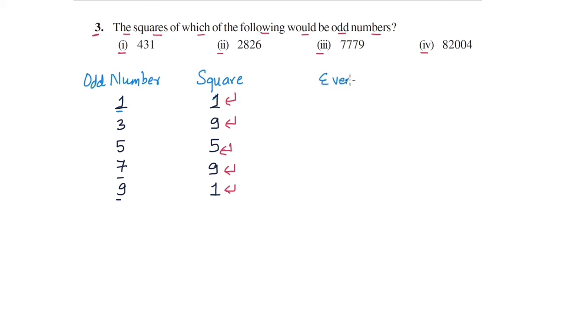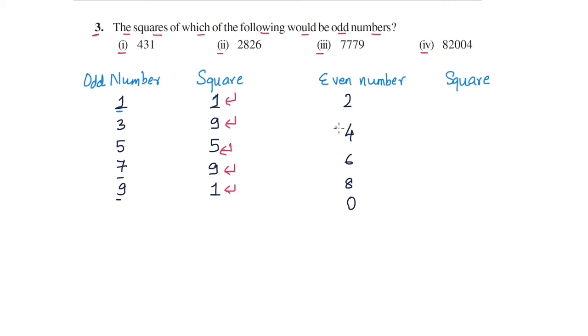Now let us see for even numbers also. What happens when we square an even number? What could be the ending digit of an even number? It could be 2, 4, 6, 8 or 0, right?